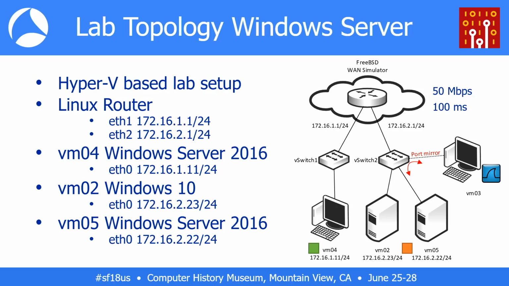So we have 50 megabits of total bandwidth, and we do have a latency of 100 milliseconds, right? This machine here is just used for capturing the packets. I installed Wireshark on this virtual machine, and I don't know if you're aware of this, but with Hyper-V, by default, even on your workstation, you can enable virtual port mirroring, so a virtual SPAN port. Has anybody used this before?